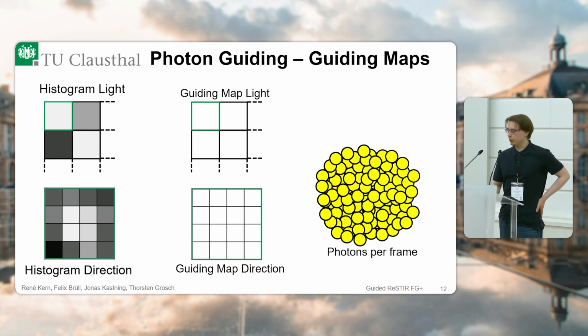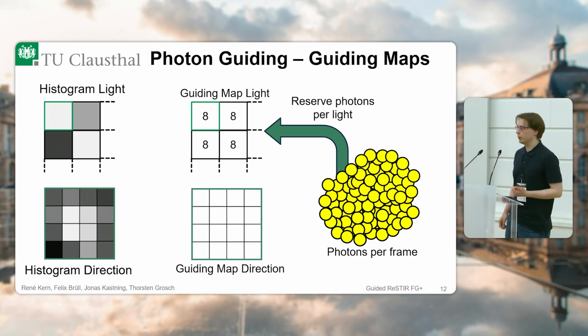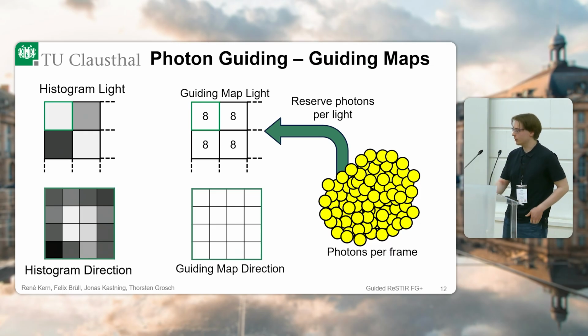So now we distribute the photons we want to trace this frame to the guiding maps. Before we use the histograms, we reserve some photons per cell. It is very important that each cell, or each light, gets at least one photon, because if a cell would reach 0, we would never again find that light, and this would be very, very bad for a real-time context, as the light would basically be out forever.